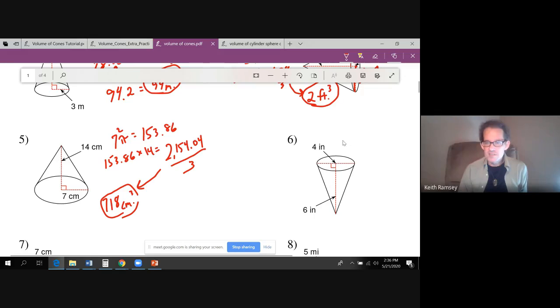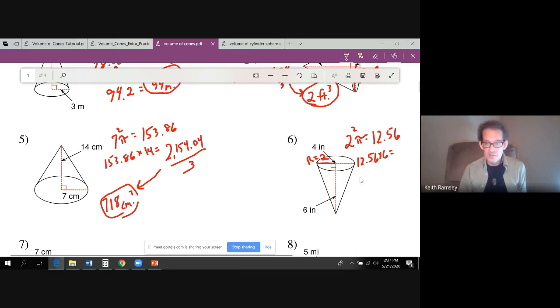Here's number 6. Again, they gave you the diameter. You want the radius. So half of 4 should be a radius of 2. So we're going to do pi r squared, 2 squared times pi. 2 times 2 is 4, times pi should be 12.56. And step 2 is multiply that times the height, 12.56 times 6.